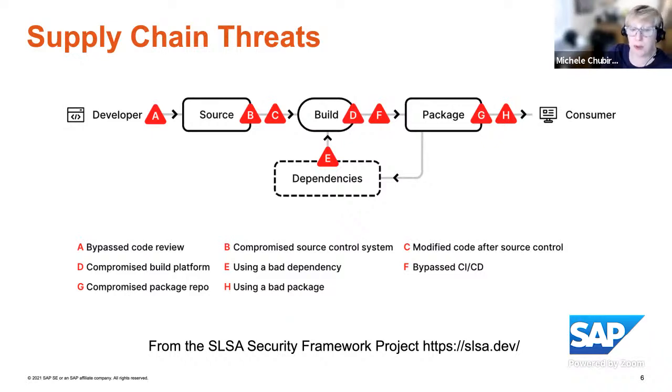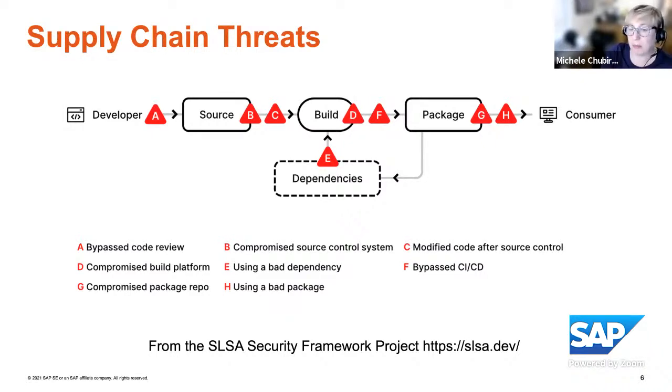You could have a compromised build platform, whatever your CI/CD system is. You could have a bad dependency. One of the components, which we've talked a lot about this week, right? Using a vulnerable or compromised or a questionable dependency in your product.